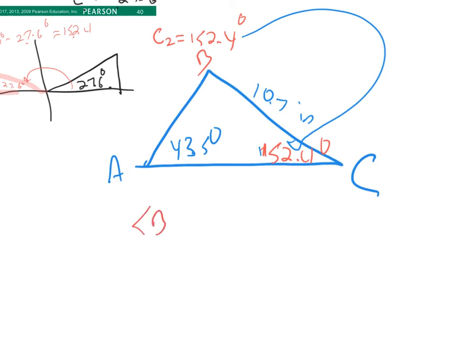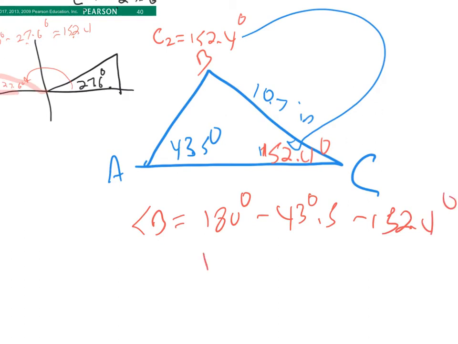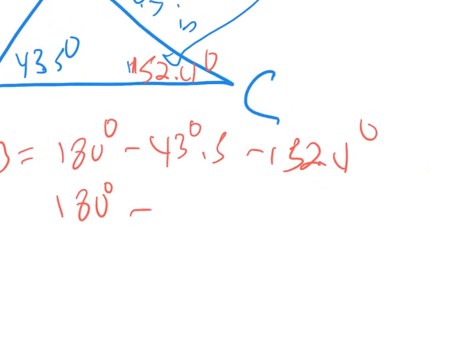Angle B would have to be 180 degrees minus the other two angles. Add those two up, and what do you notice? 43.5 plus 152.4 is 195.9 degrees, giving you a negative 15.9 degrees.